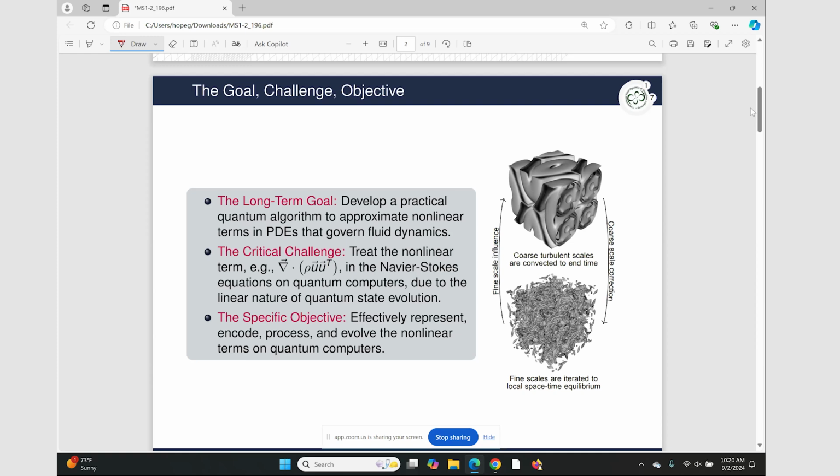Can we harness the vast parallelism and the entanglement that quantum computing technology can offer, so we can enable the direct numerical simulation of high Reynolds number turbulence on a quantum computer, which we still cannot achieve today on classical high-performance computing systems, particularly in terms of computational speed, resource efficiency, and solution accuracy?